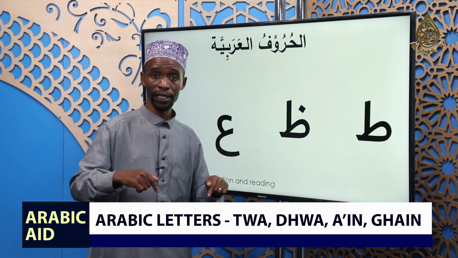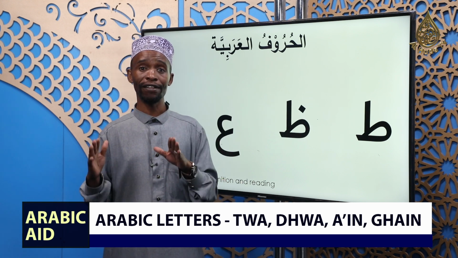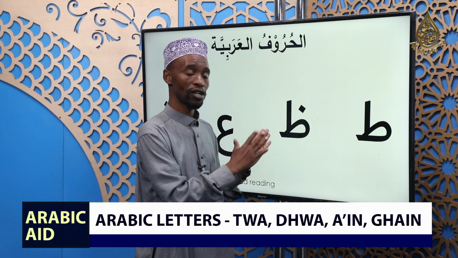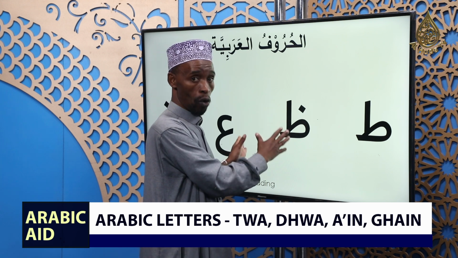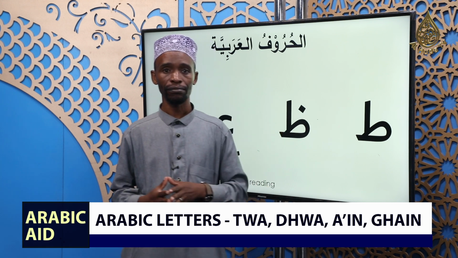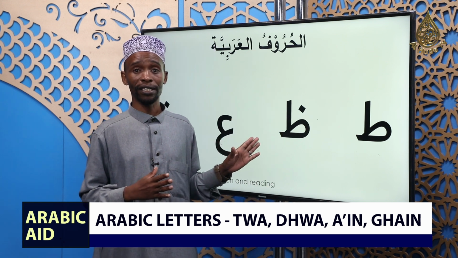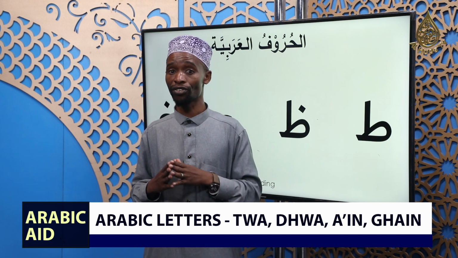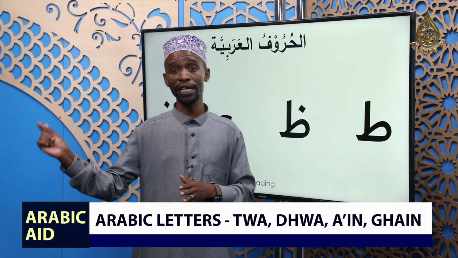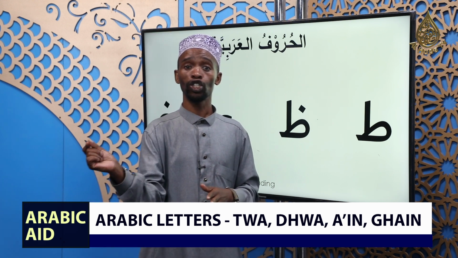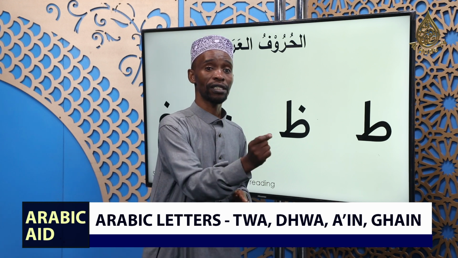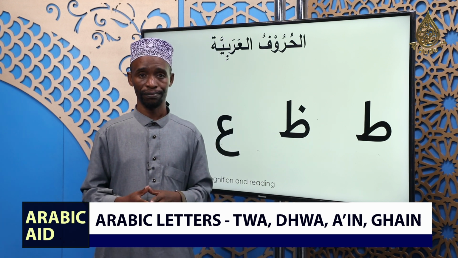On your chart, we are looking at these letters on my screen. Remember that the Arabic language is read and written beginning from the right side to the left side of the page.